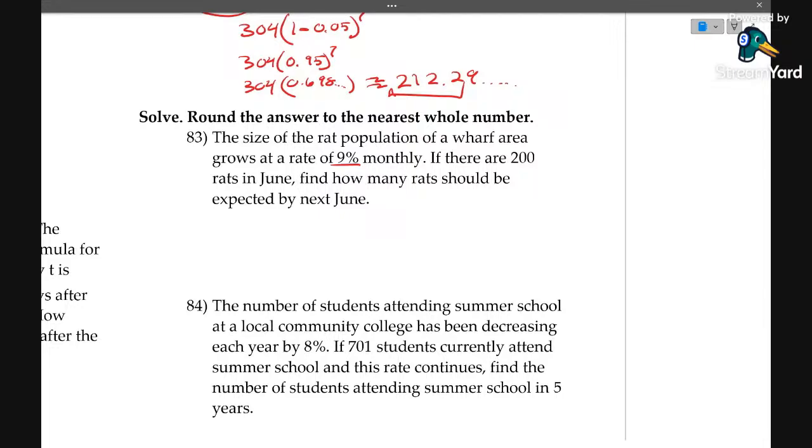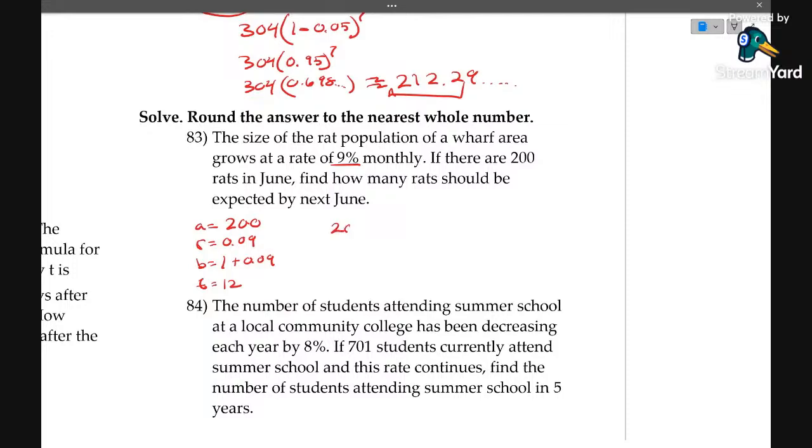So we've got an initial amount of 200. That's our A value. Our rate is 0.09 and it's growth. So our base will be 1 plus 0.09 and our time frame is the 12 months because it grows 9% monthly.